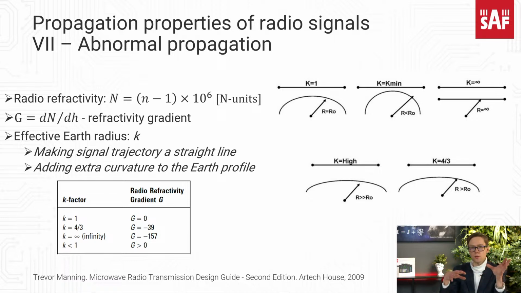So this trajectory can be bent downwards more than normal, or it can be bent upwards, and all of this produces unfavorable effects for radio communications. That is why the notion of K factor is used so much among the microwave link planners, for example.